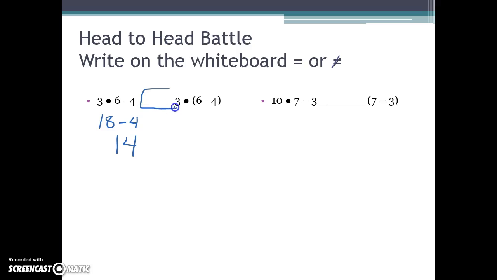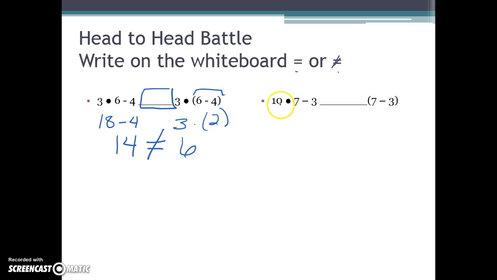This is a box here where we have to determine whether we're going to put the equals or the does not equal sign in. Now on the other side, PEMDAS tells us to take care of what's in the parentheses first. 6 minus 4 is 2. 3 times 2 is 6. What symbol would we use? The does not equal symbol.